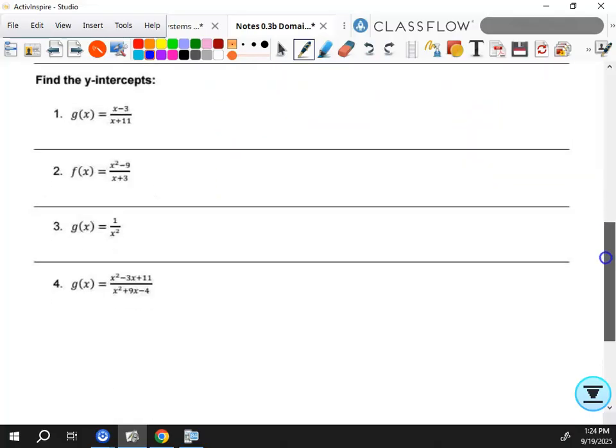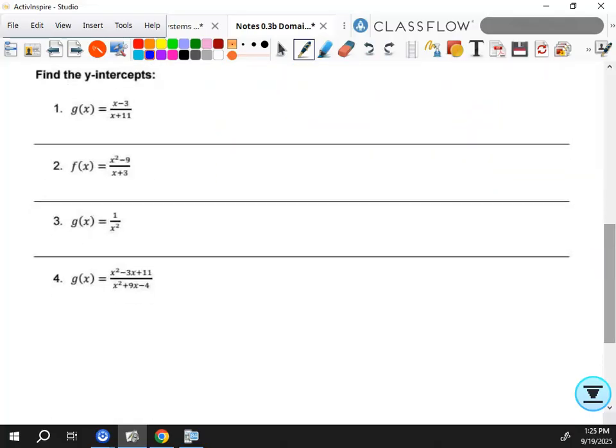All right, so now let's talk about the y-intercepts. This also happens after reducing. On number 1, I can't factor or reduce, so I'm good. So I'm looking for g of 0. That is 0 minus 3 over 0 plus 11. So my y-intercept, since it is an intercept, like the zeros and x-intercepts, they kind of mean the same thing, but those were zeros, so they were a list.